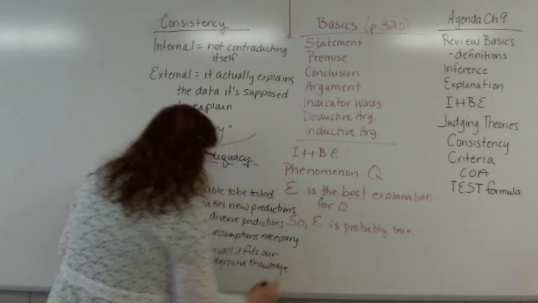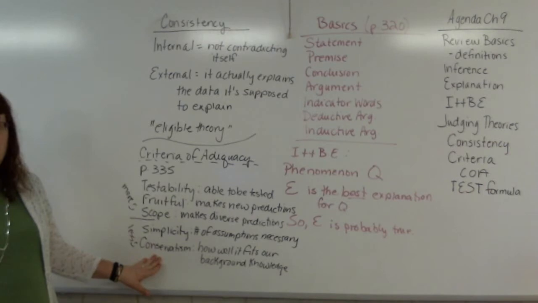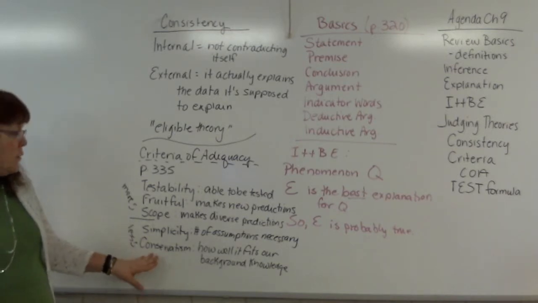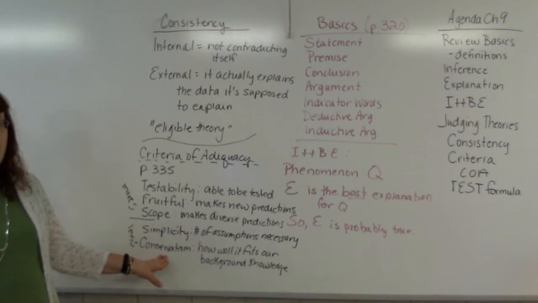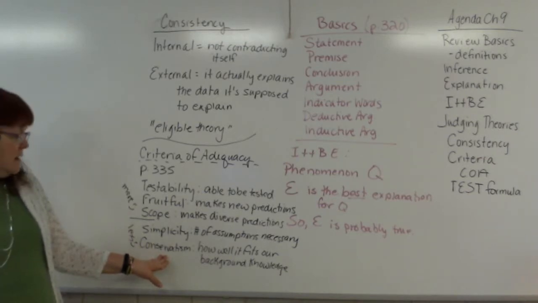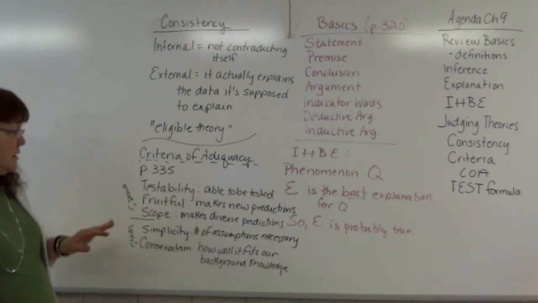Anything that asks us to go against our well-supported beliefs, our background information, is less conservative than the next piece, okay? And so we want things to have as few assumptions as possible, and we want it to fit in with most of our background knowledge. We don't want to have to go outside of that or contradict that for it to be conservative. So less is good here, more is good here.